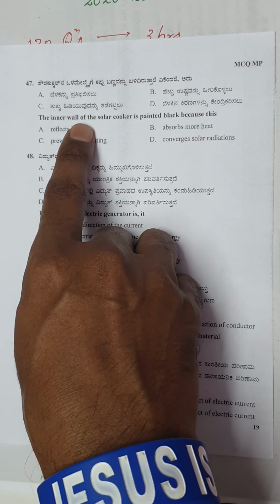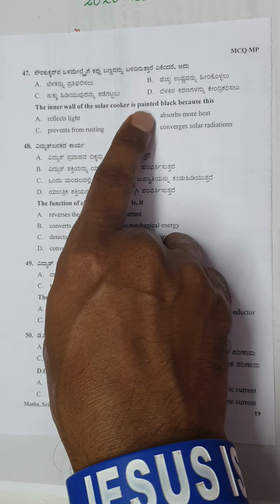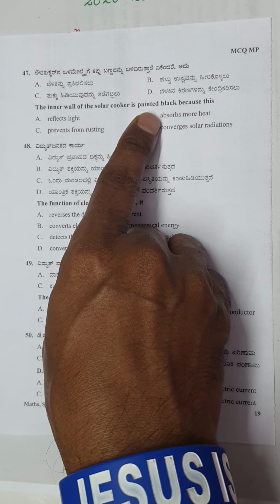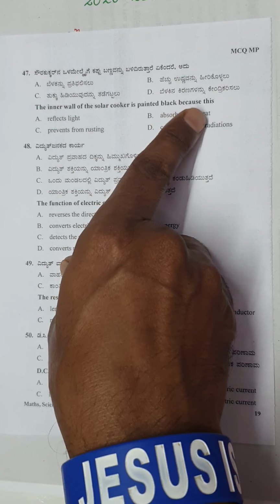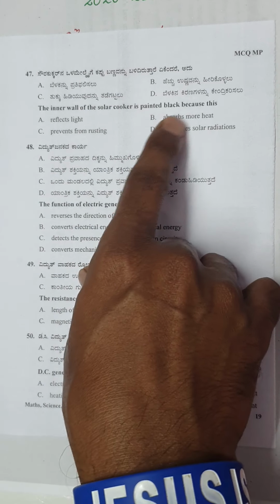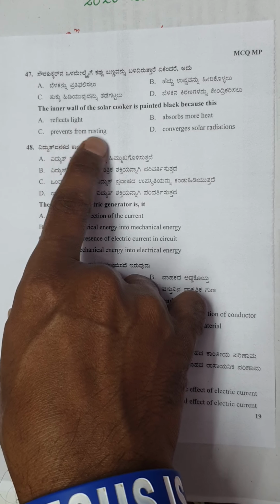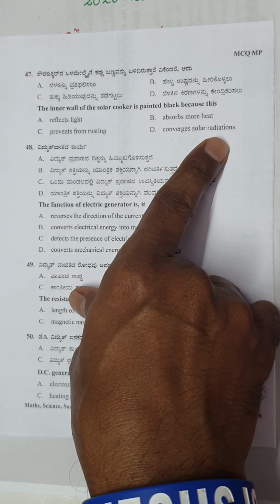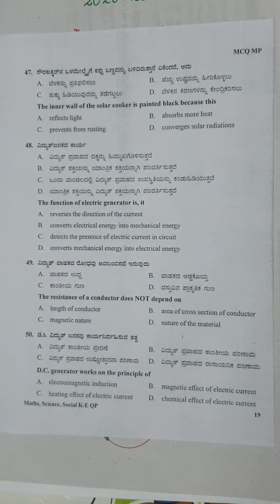The inner wall of a solar cooker is painted black. You might have seen a solar cooker. What is the reason? The options are: reflects light, absorbs more heat, prevents rusting, converges solar radiation. Black color absorbs heat and also light.